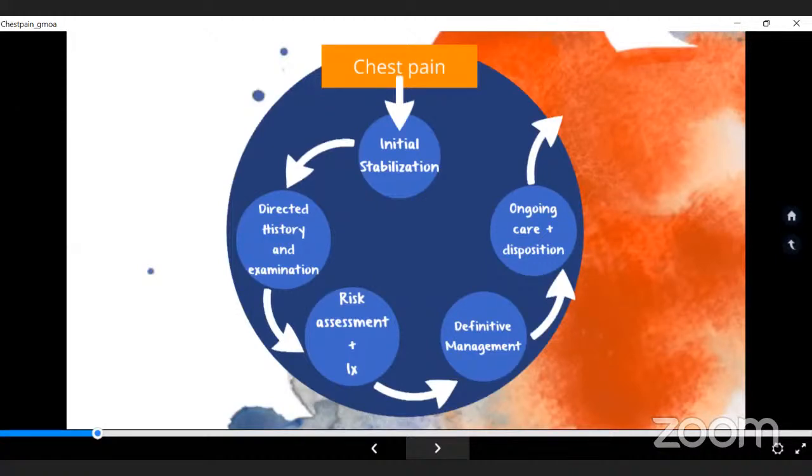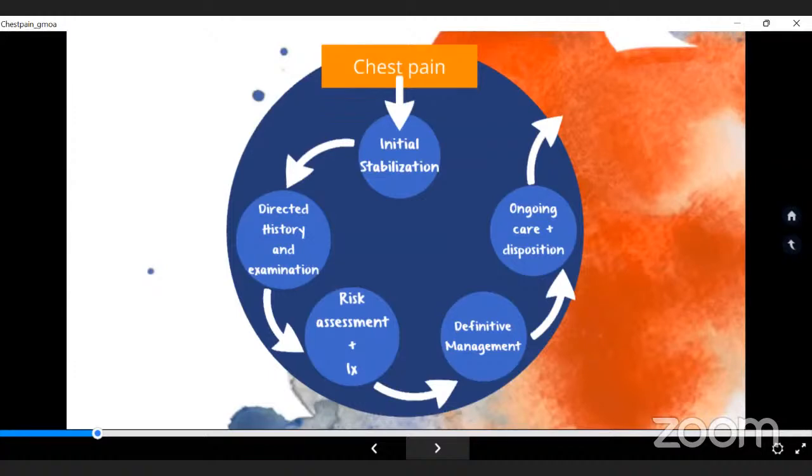So I'm sticking to the same structure. There's no difference, because if you don't stick to the basics, you will miss some important causes and you will have a patient dying in front of you. Okay, now the chest pain patient. The initial stabilization is the first thing.